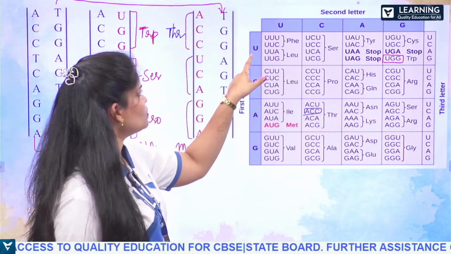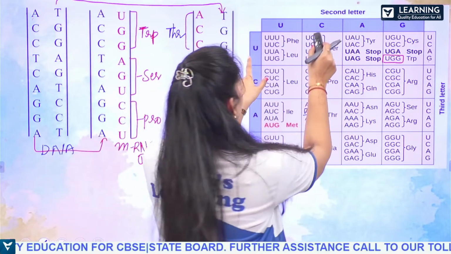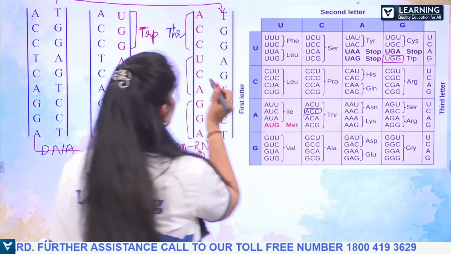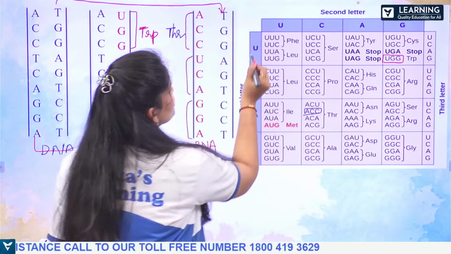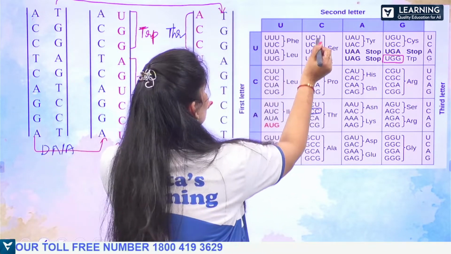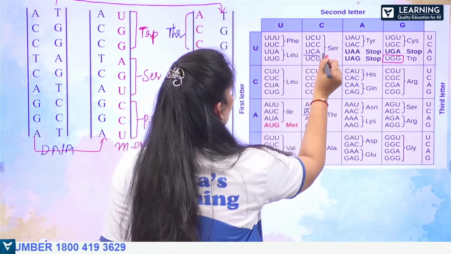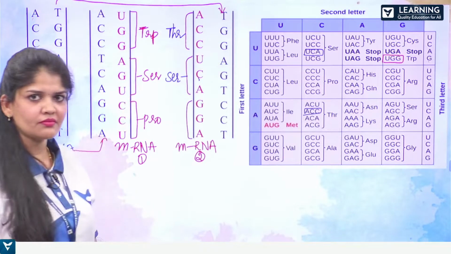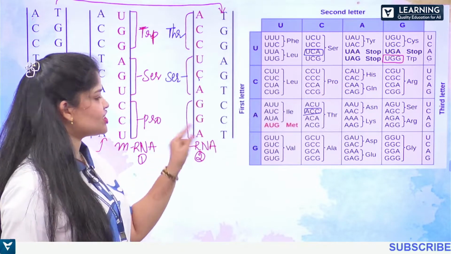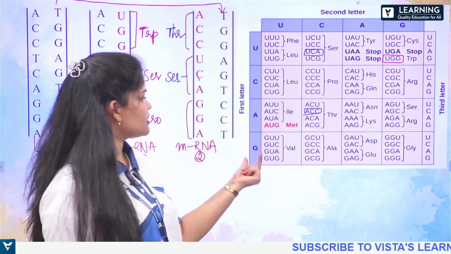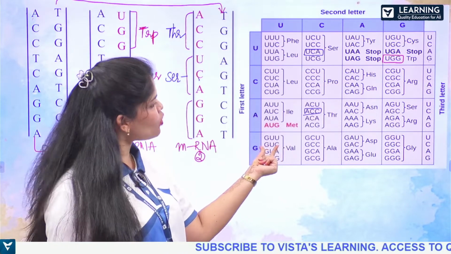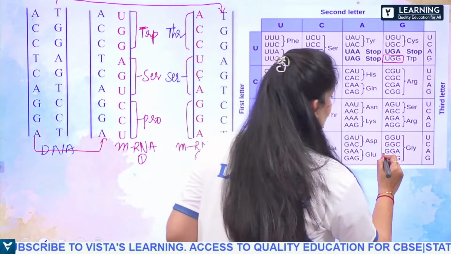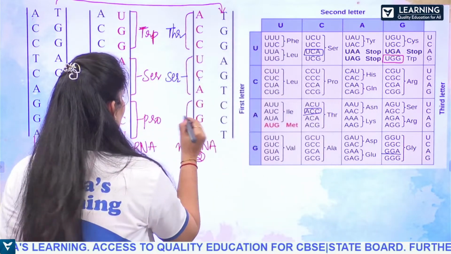First letter U, second letter C, third letter A. Serine. Done. Last codon, GGA. First letter G. Second letter is also G. Third letter A. What is that? Glycine.